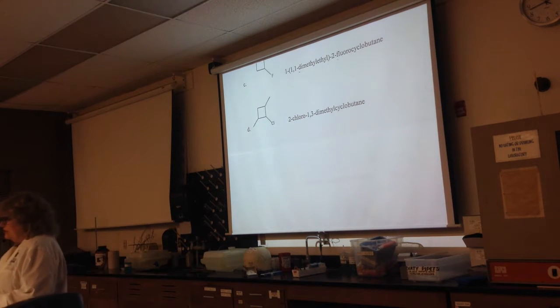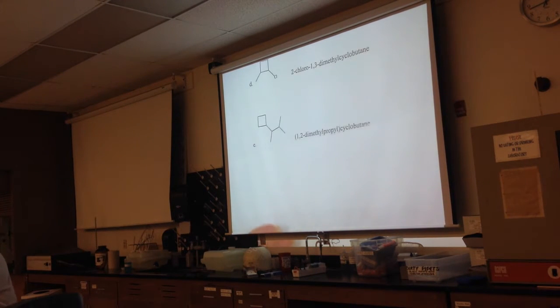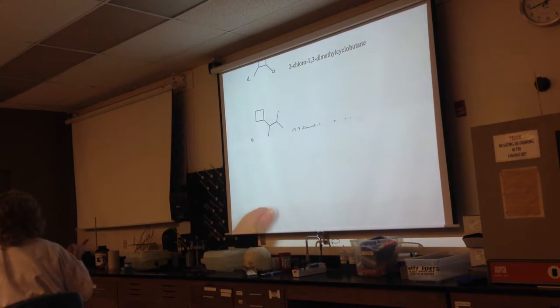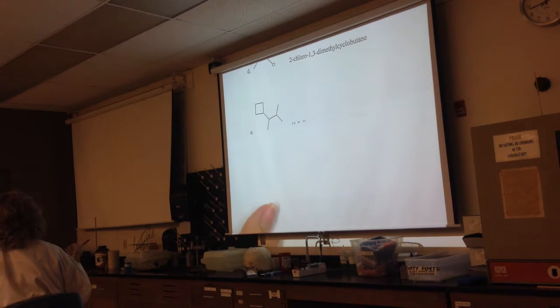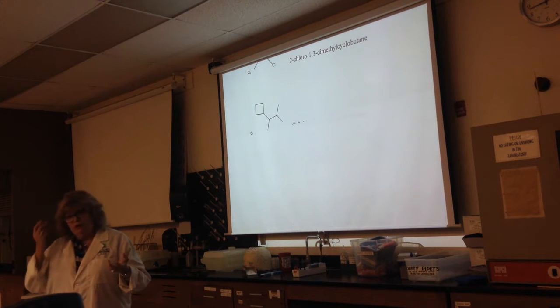Okay. All right, so then the name will be the 2-chloro 1,3-dimethyl cyclobutane. Right, so it's 2-chloro 1,3-dimethyl cyclobutane will be the name for that one. When we take a look at letter E, I think this is a classic example.